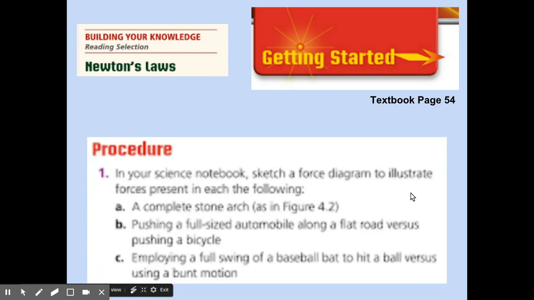And then finally, to get prepared for tomorrow, this would be on page 54. This was actually investigation 4.1. This is getting your notebook ready for tomorrow. So in your science notebook, sketch a force diagram to illustrate forces present in each of the following. So you have some different situations. Situation A is a complete stone arch, as seen in figure 4.2 on page 54.